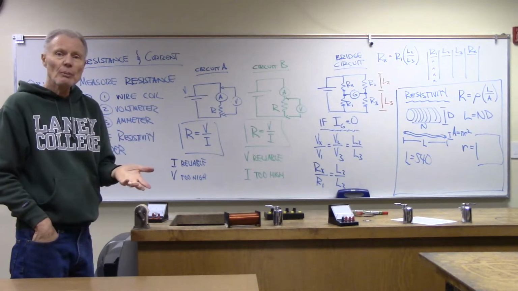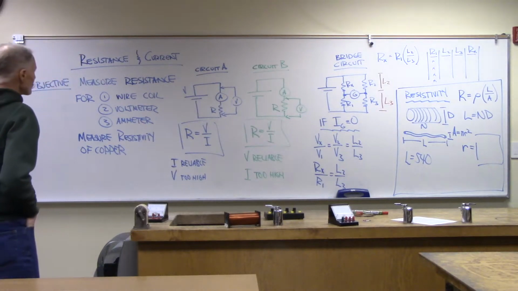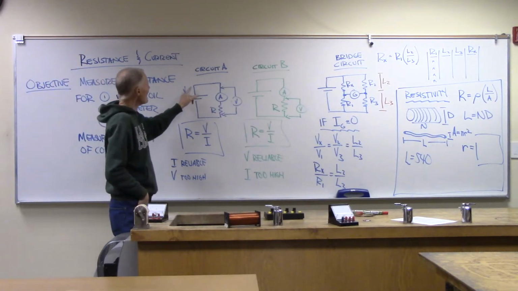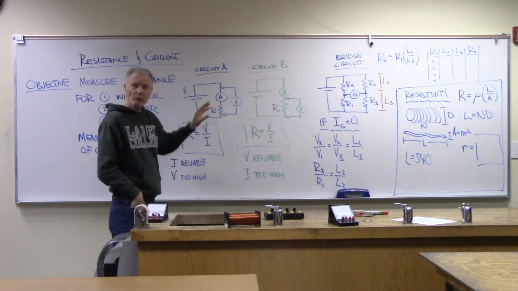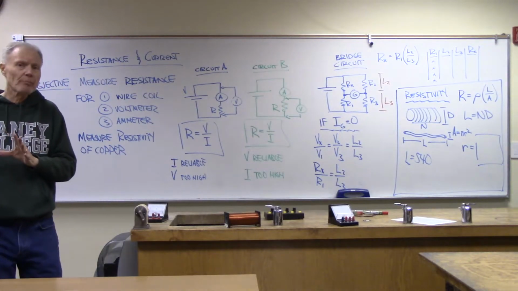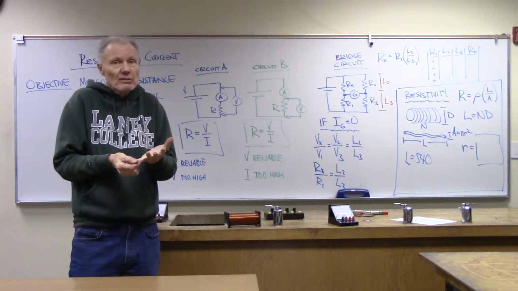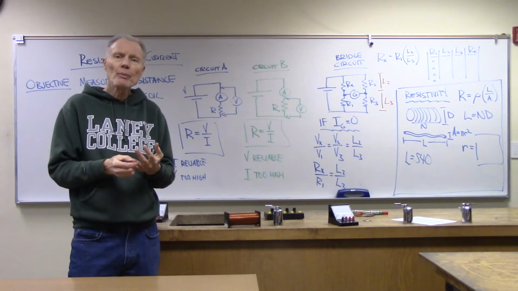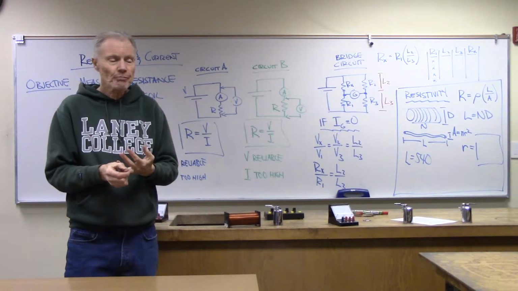Those arrows still represent a contact, but what I'm trying to emphasize is the ammeter is part of the main circuit. The voltmeter is not. The voltmeter is off to the side by itself. So for the ammeter, very low resistance is the way we want to build them. For a voltmeter, very, very high resistance is the way we want to build them.